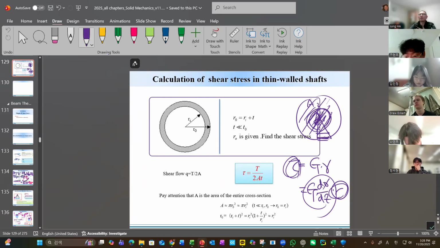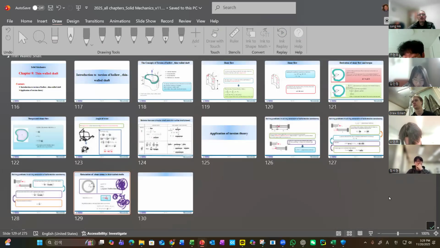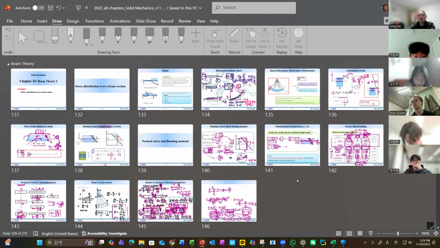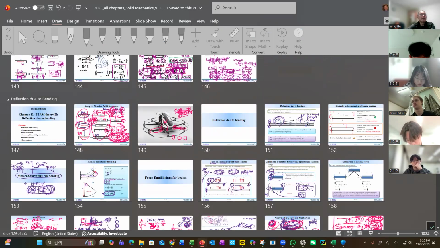It's a waste of material, so get rid of it. In this case it's important to understand the shaft of a thin wall. Okie dokie, that's what I would like to cover today.